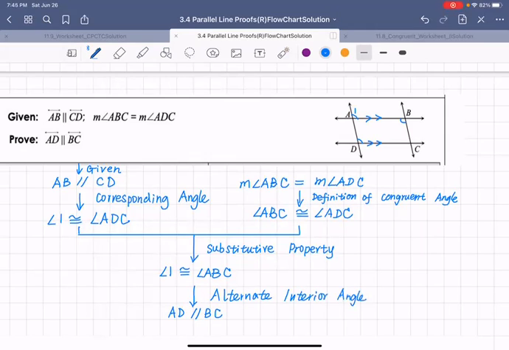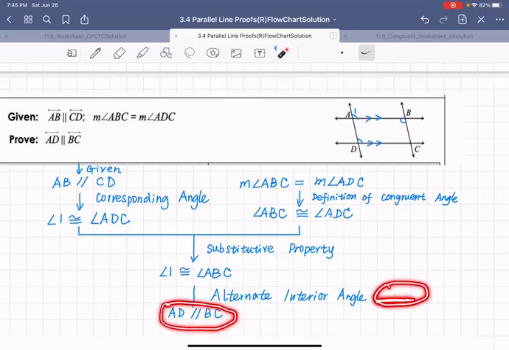Do we miss something here? What should we write down? Because we choose this as the conclusion, we miss something here. Converse. Thank you.